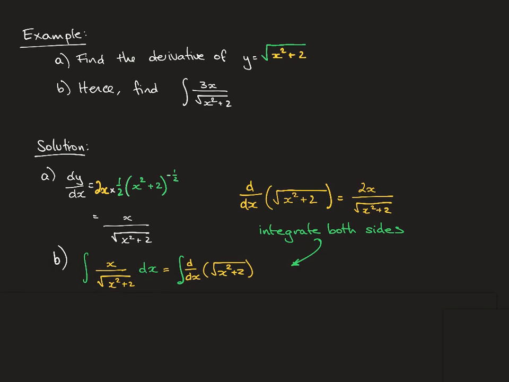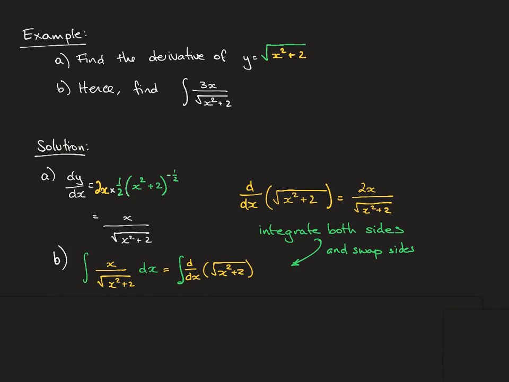Okay, so we're going to integrate both sides and we're going to swap the sides around. So you can see here that this is actually the right-hand side of this equation, and that the left-hand side is now on the right-hand side. So I've swapped the sides around. But otherwise, this yellow equation is exactly this equation here.